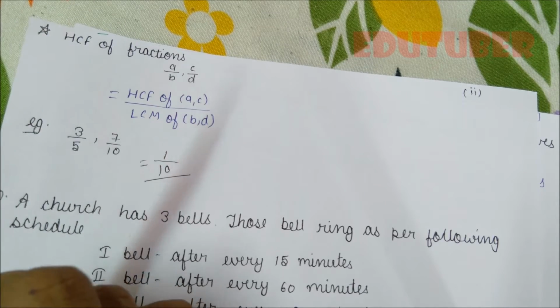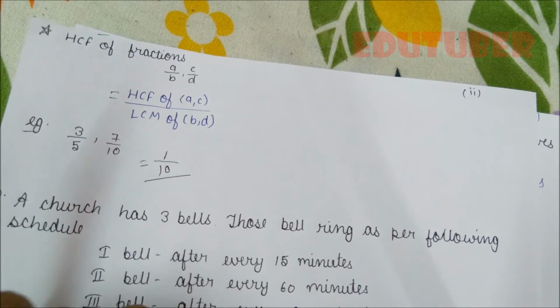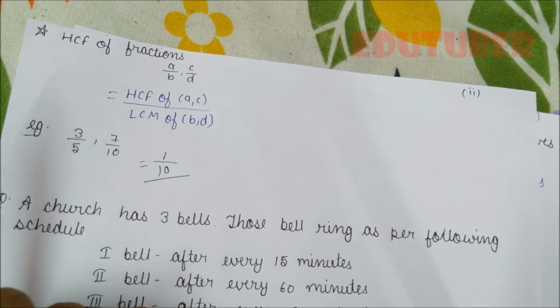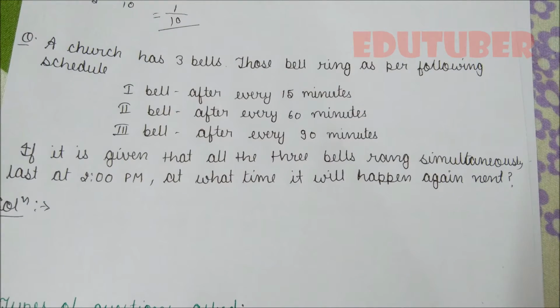Now if this is clear to you, let's come to a very basic question. First let me read this question for you. A church has 3 bells. Those bells ring as per the following schedule. First bell after every 15 minutes, second bell after every 60 minutes, and third bell after every 90 minutes.